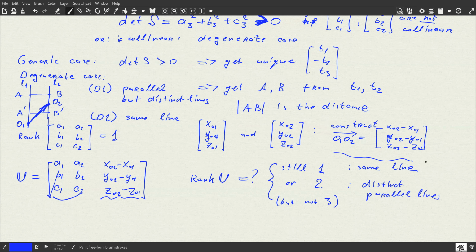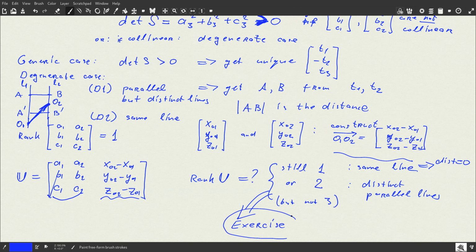Well, if it is the same line, then obviously the distance is 0. If these are distinct parallel lines, so we do know indeed that they are distinct, how would you compute the distance between them in that case? I will leave it as a small exercise for you. We already know that they are parallel. We know they are distinct. Compute just the distance between them. Exercise.